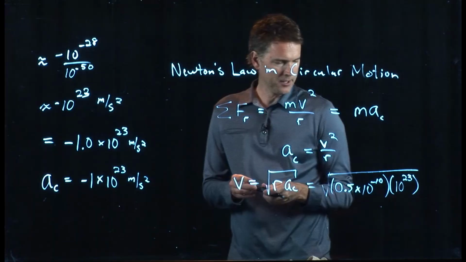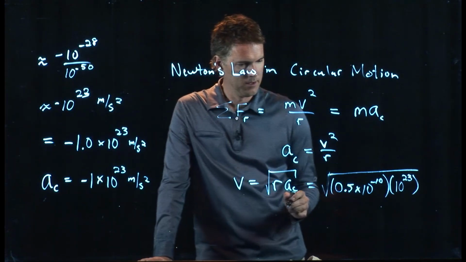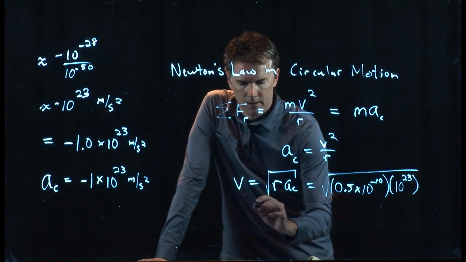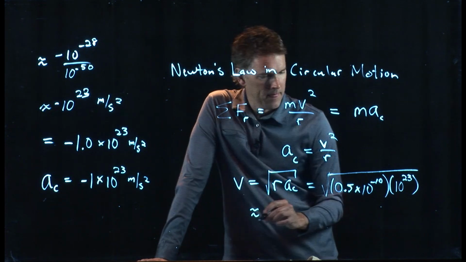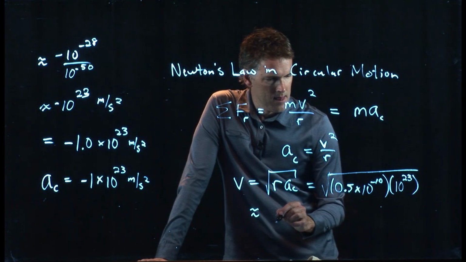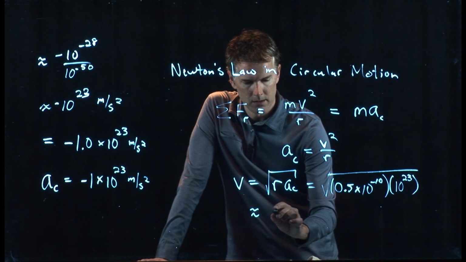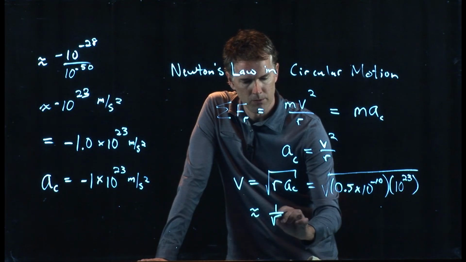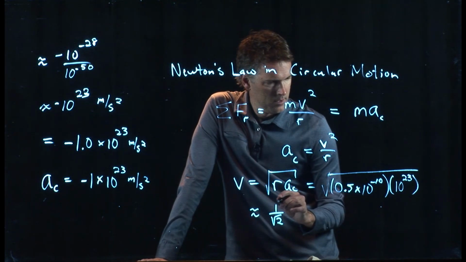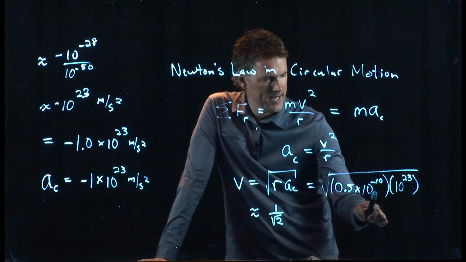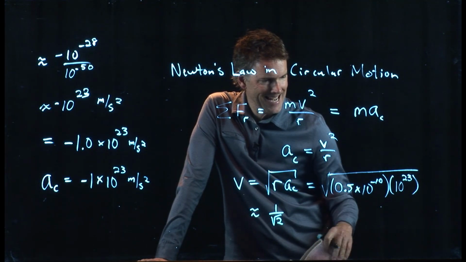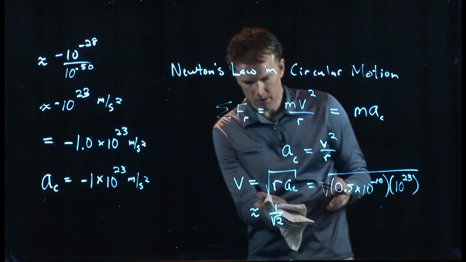And if you punch that into your calculator, tell me what you get. It looks like it should be about 1 over root 2. And then we've got a 10 to the 13, but that's too hard to do.